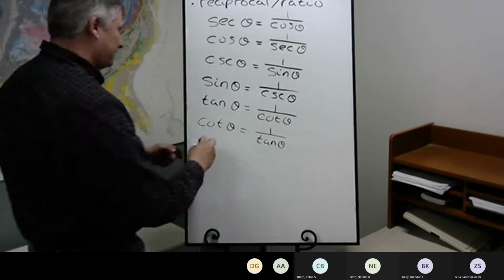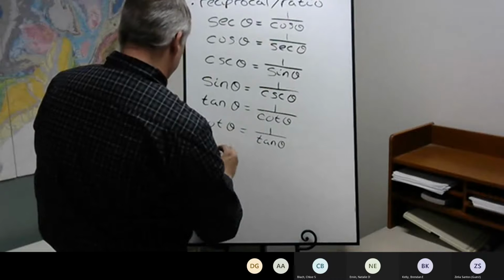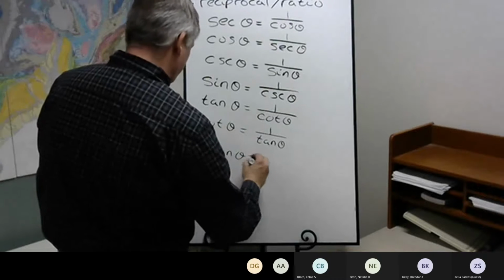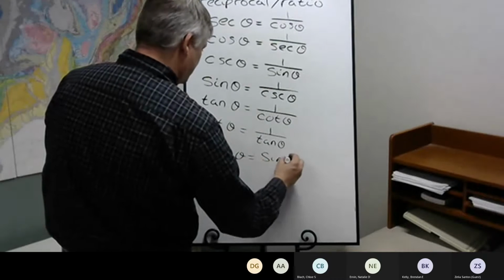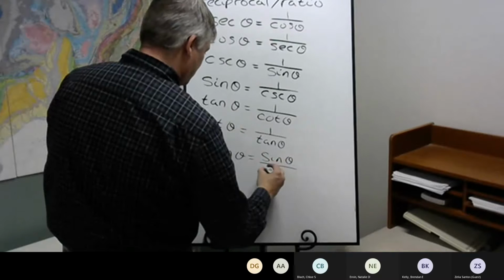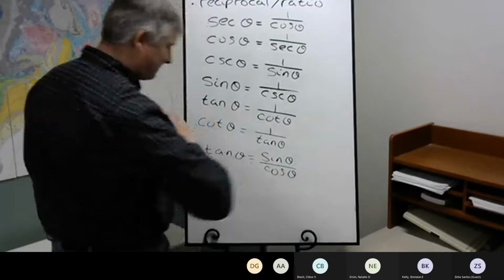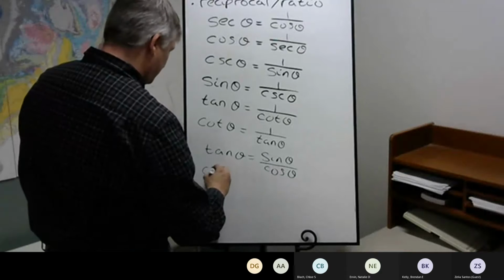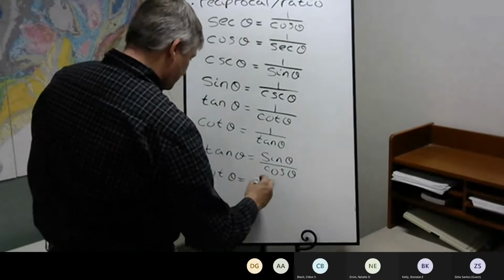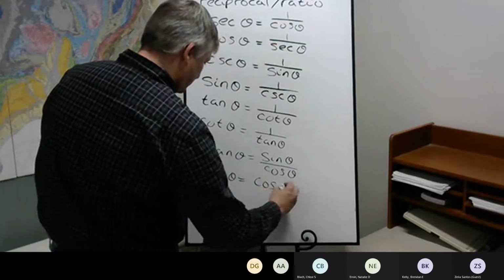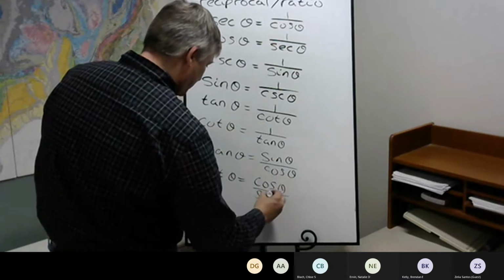For ratios, tangent is sine over cosine, and then cotangent is cosine over sine.